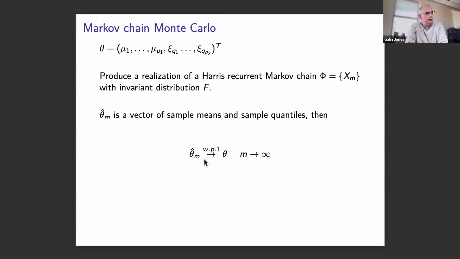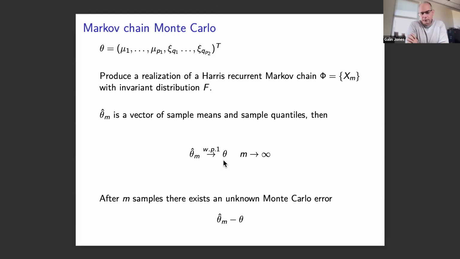This estimate will converge with probability 1 to theta. And of course, this is what makes Monte Carlo work. This is really the justification for it. I want to note, however, just one piece of notation: M throughout will be the Monte Carlo sample size, not n, which will be the observed data sample size, which we will also allow to be large later.